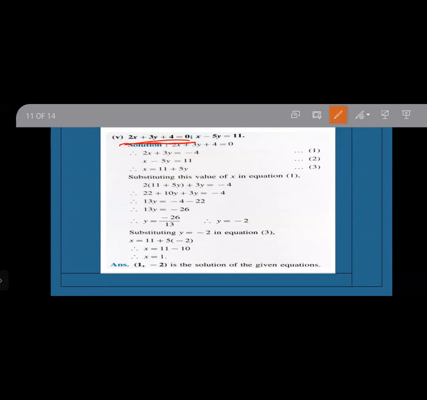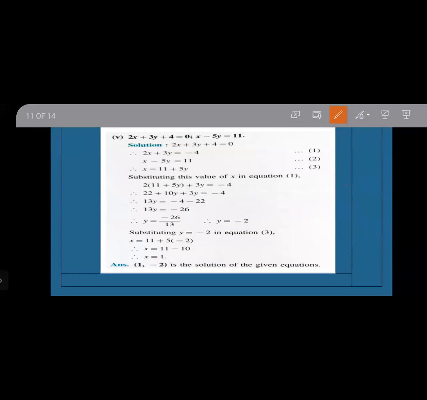So it will be 2x plus 3y equal to minus 4. And the second equation is x minus 5y equals 11. This is how you keep the constant term on the right hand side and convert the equation to the general form.